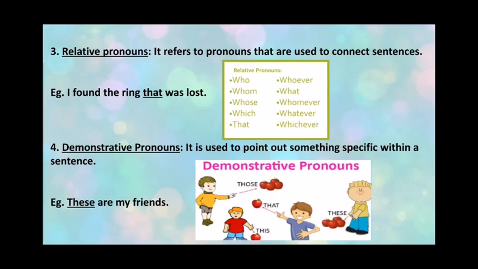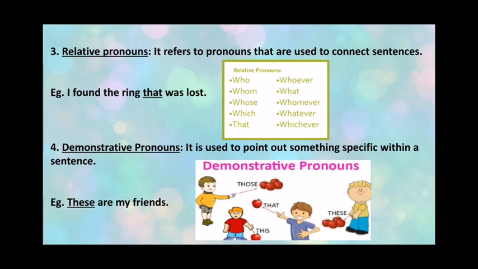For example, I found the ring that was lost. So children, in this sentence, you can see that is connecting the sentence. So that is why that is a relative pronoun.